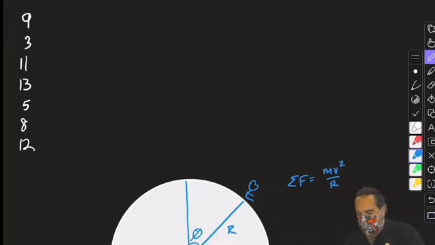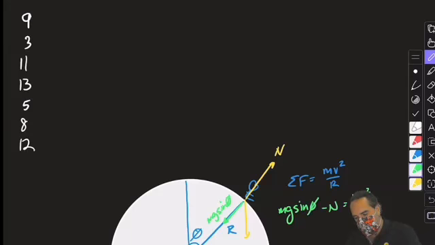When I look at this, there is a normal force acting in this direction and weight acting in this direction. For us to reach the condition where the net force is going to contribute to them leaving, that's when the normal force goes to 0. That's when this component of the force, mg sine phi, is the only force that's acting to keep them in circular motion. That's the condition that has to be met.